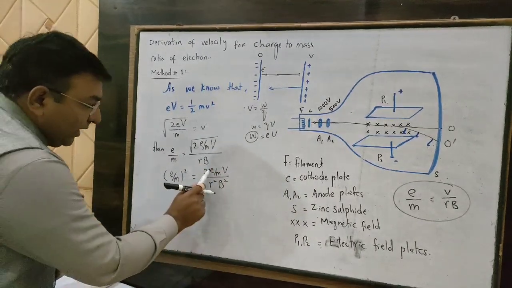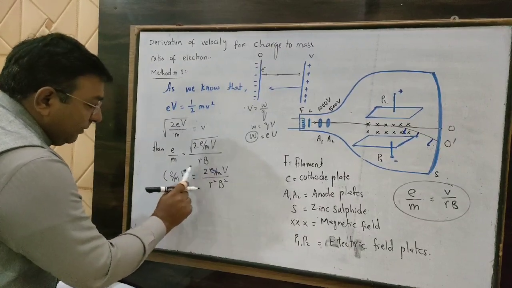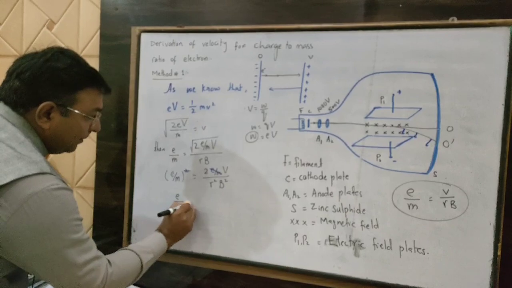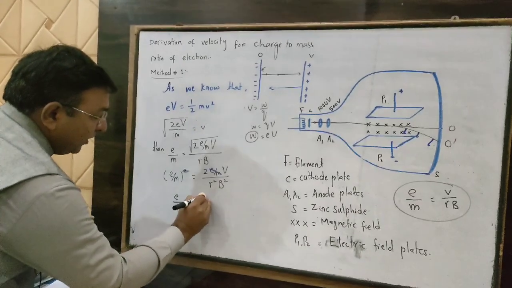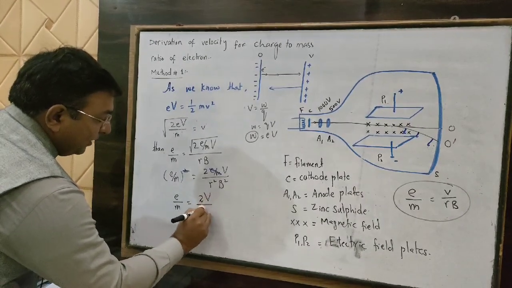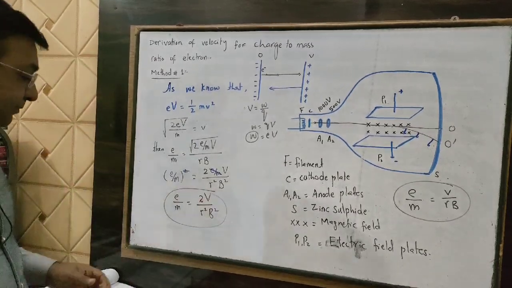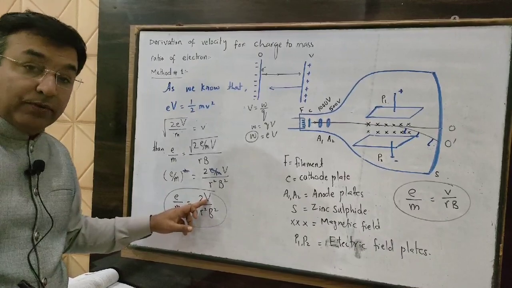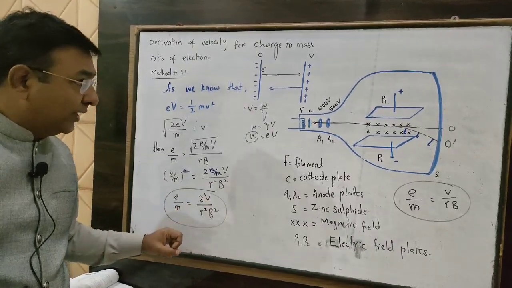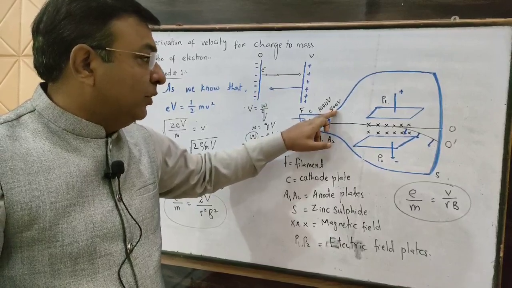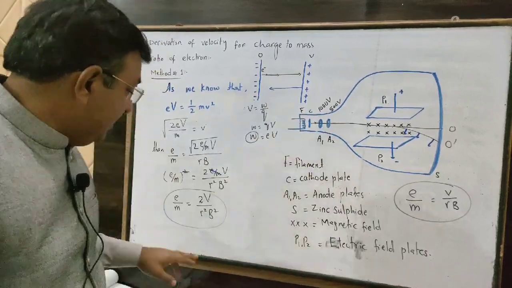But now we can cancel e/m in this square, so the remaining answer is e/m is equal to 2V upon r²b². In this case, V is the voltage potential difference provided by these two plates; for example, 1500 volts means a total of 1500 volts.